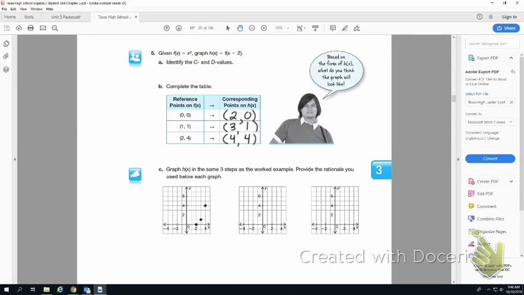The next step is to put the axis of symmetry on your new vertex. It's going to go right through the new vertex of 2, 0, which means that my axis of symmetry is x equals 2.